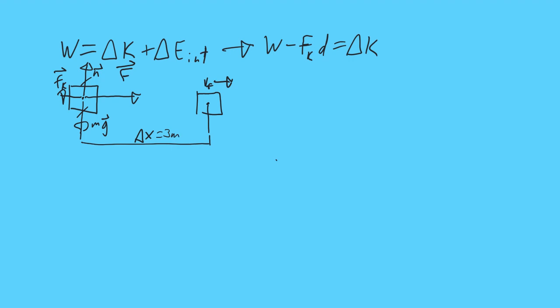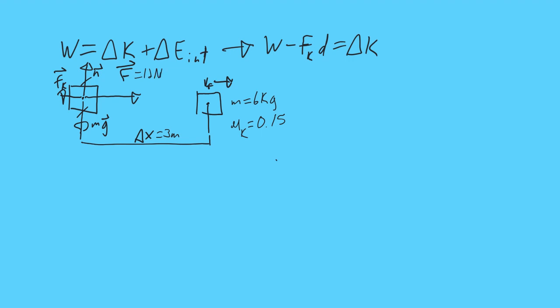We know that the mass of our box is equal to 6 kilograms. That coefficient of friction, mu, kinetic friction, is equal to 0.15. And finally, the force applied is going to be 12 newtons. So these are all the numbers we need.